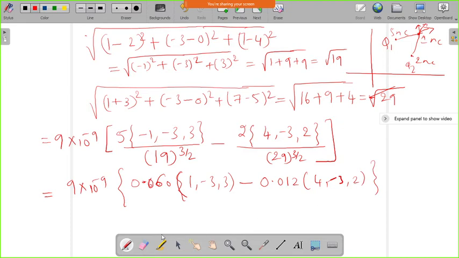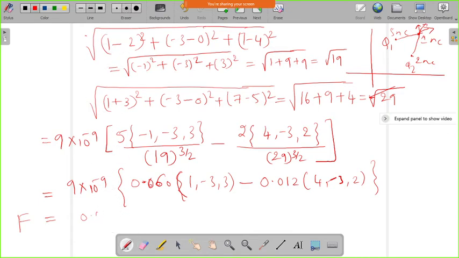Okay, so now 10 power minus 9, keep it as it is, we can put it in terms of the force, in terms of nanonewton. So now we can multiply this 9 and this term to this vector, and 9 and this term to this vector. So what will you get? 9 into 0.060, what is the value? 0.54, sir.